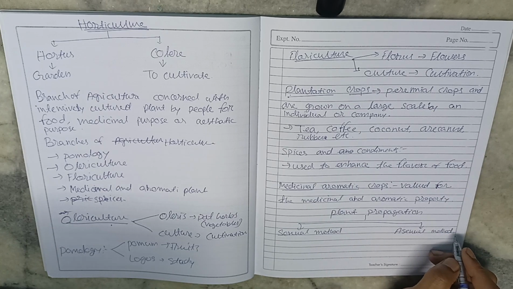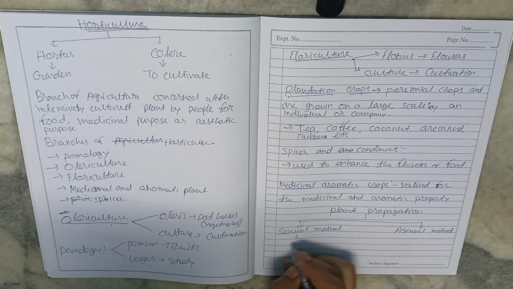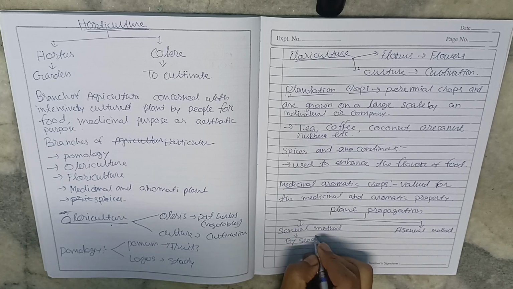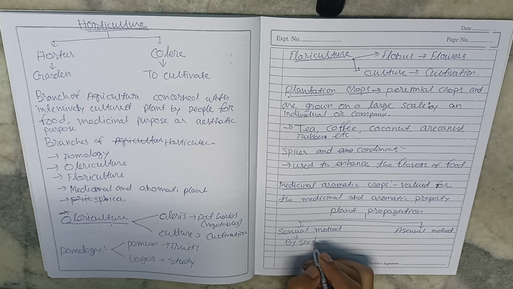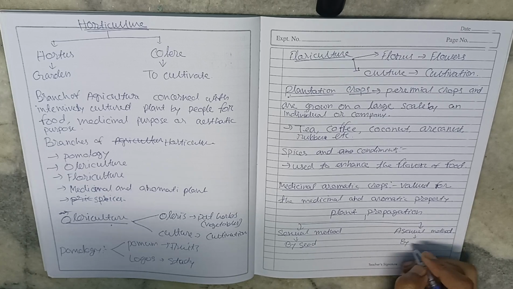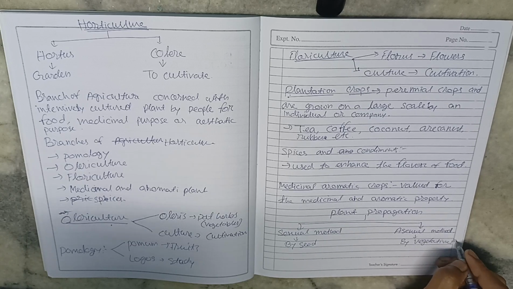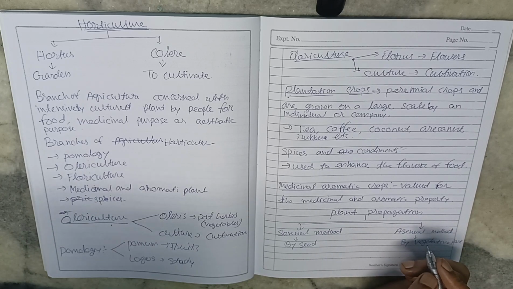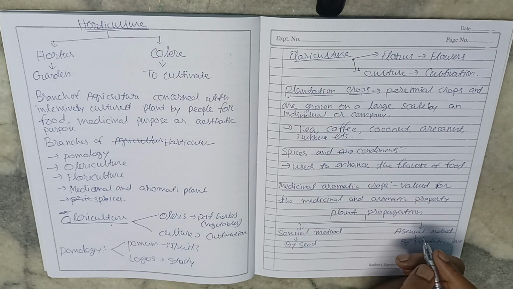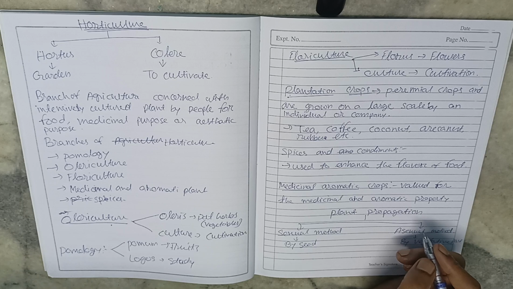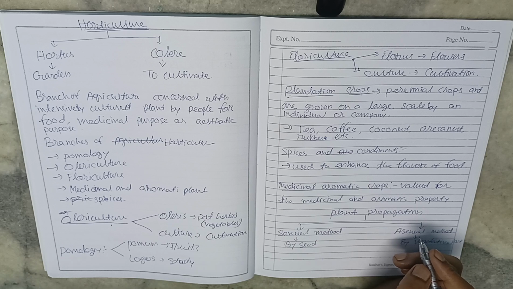First is the sexual method, and the other one we have is the asexual method. The sexual method involves the fertilization of male and female gametes. When male and female gametes in plants fertilize, they form a seed. This seed has an embryo developed inside it, and this embryo will further develop into a new plant. So when we use the seed in order to propagate a new plant, we call it the sexual method.